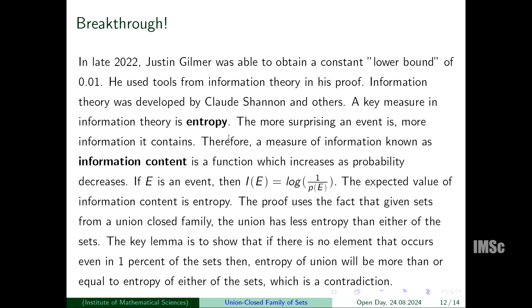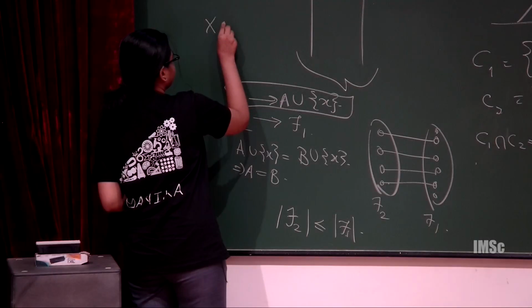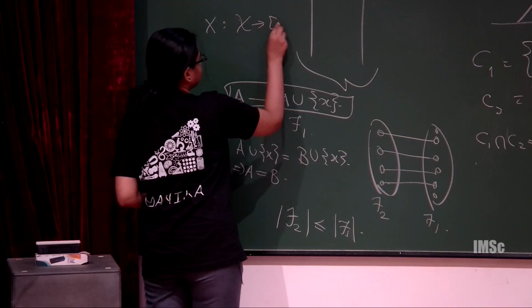Expected value just means, say I have a function from a set to [0, 1].